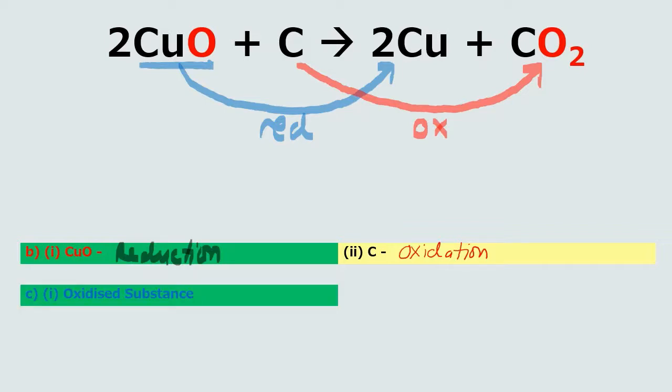The oxidized substance is carbon, while the reduced substance is copper oxide.